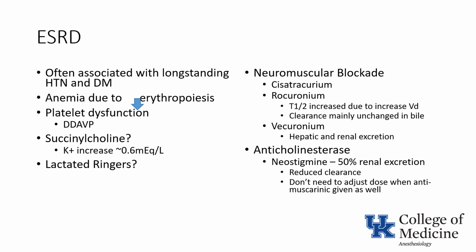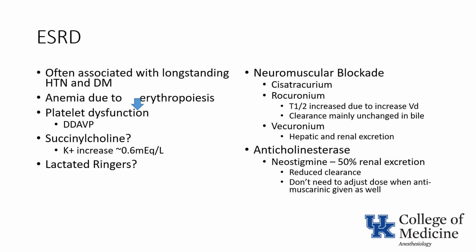From a neuromuscular blockade standpoint, cisatracurium is probably the one most often used because it undergoes Hofmann degradation, right? It does not rely on the kidneys or the liver for clearance. Rocuronium and vecuronium are okay. You just have to understand that the half-life might be a little bit increased, mainly due to the increased volume of distribution.